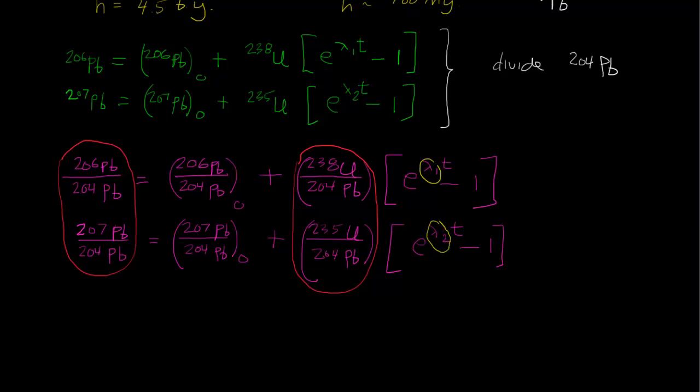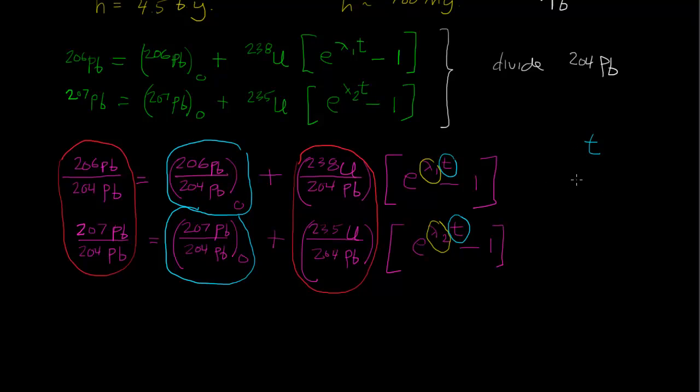So the unknowns here, I guess I'll put them in blue. The unknowns here are the time, the age of the rock, and these initial ratios, 206 to 204 lead and 207 to 204 lead.